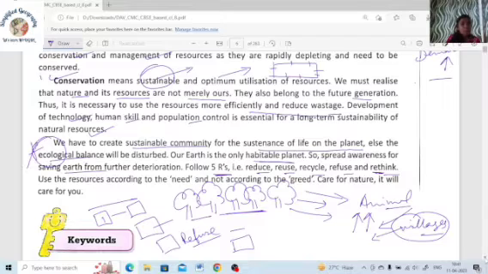Use the resources according to the need and not according to the greed. How much you want, that much you take. Do not take extra out of your greed and after that end up wasting the product. Do not do this. Care for nature, it will care for you.